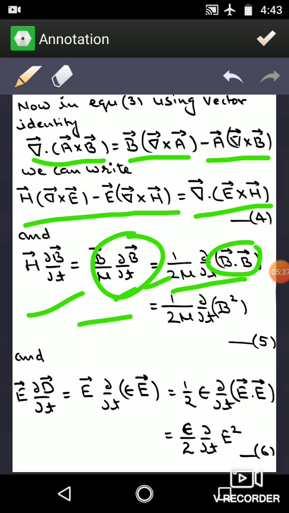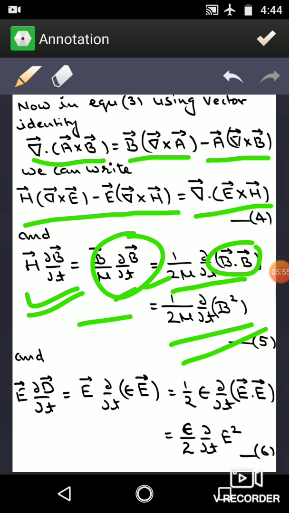Again, B dot B is equivalent to B square. Therefore H dot del B upon del t is equivalent to 1 upon 2 mu del upon del t of B square.